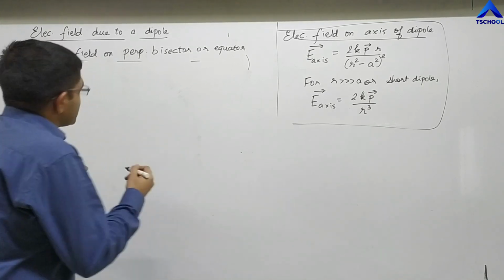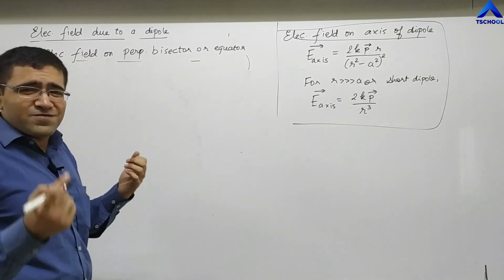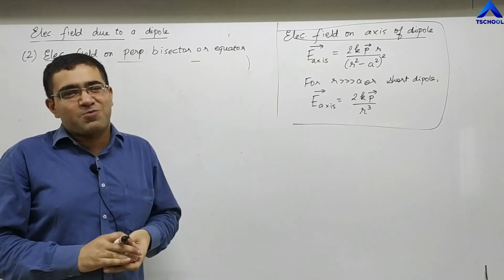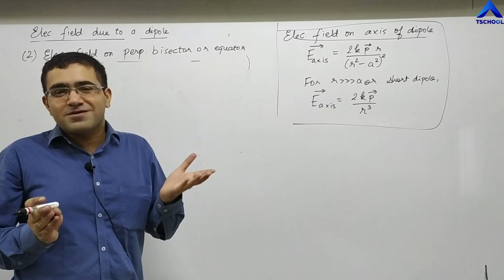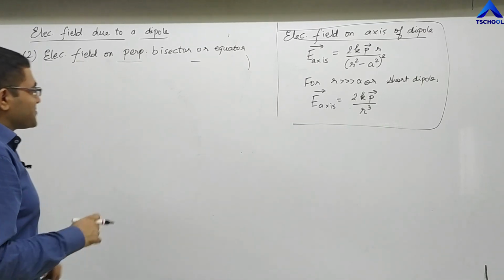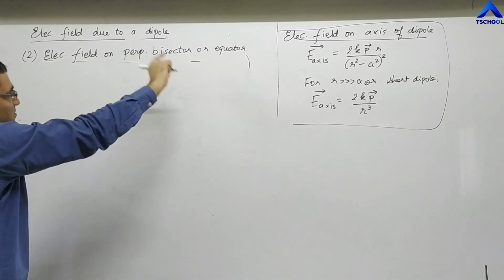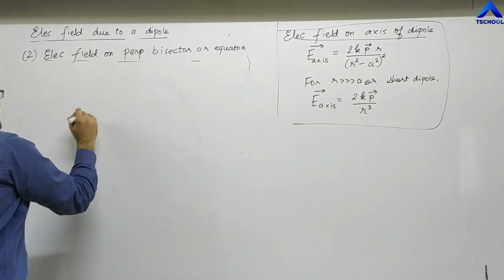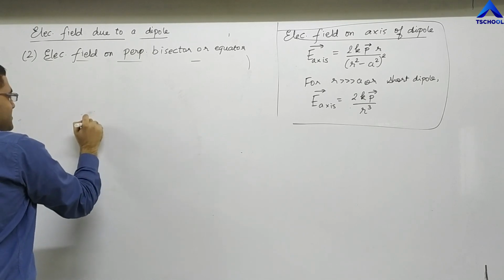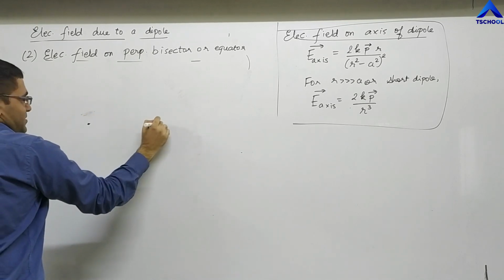So let's start. First thing, like I've said, what's the basic idea, or what's the first thing always to do in a physics problem? It's to draw a diagram, correct? So we are going to draw a dipole. Let's just say here is one point, and here is one more point.